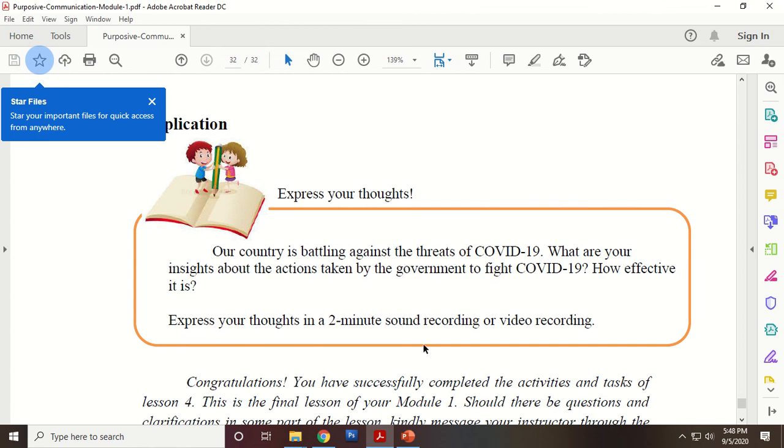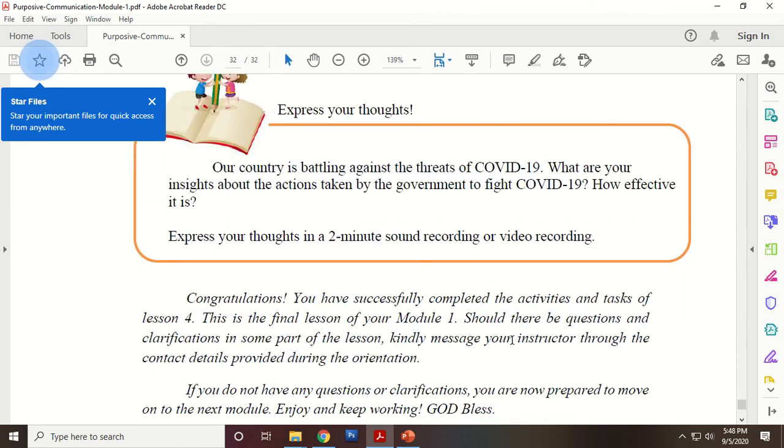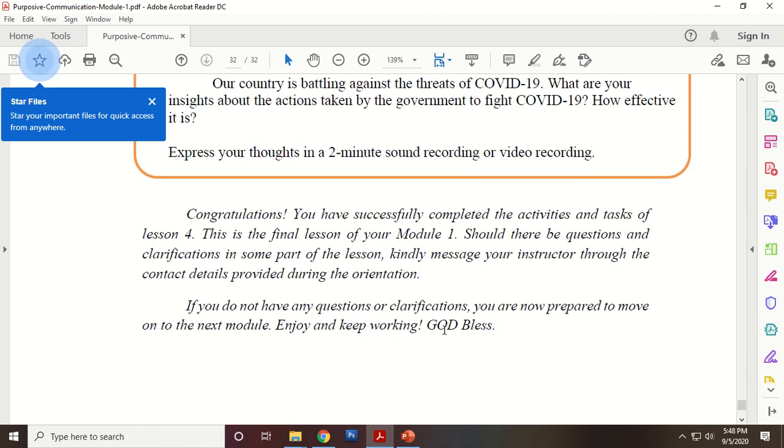Express your thoughts in a 2-minute sound recording or video recording. In this case, you don't have to record your video. You're just going to write it down on a piece of paper, or if you want, you can use MS Word. Again, for every question, it's a minimum of 3 and a maximum of 5. But if you want to add more, I'd be glad to accept it.